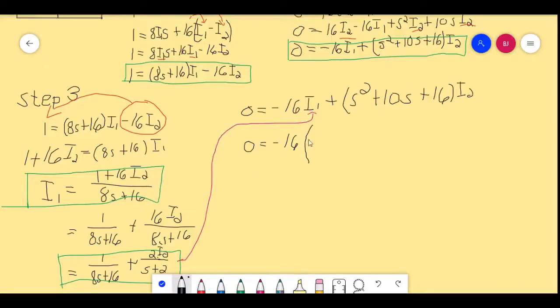Okay, you'll see later because I'll have to remove the denominator anyways. So I might just have to use this so that they are in the same equation. So 1 plus 16. So I'm not gonna use this. Let me just erase this. Instead, I'll be using this. So 1 plus 16 I2 divided by 8s plus 16.